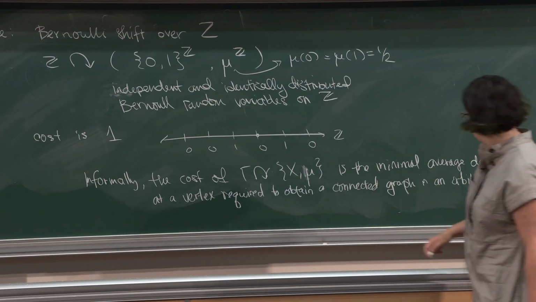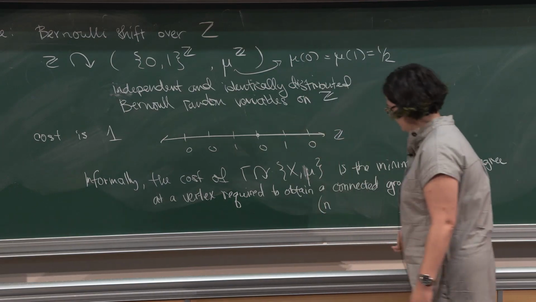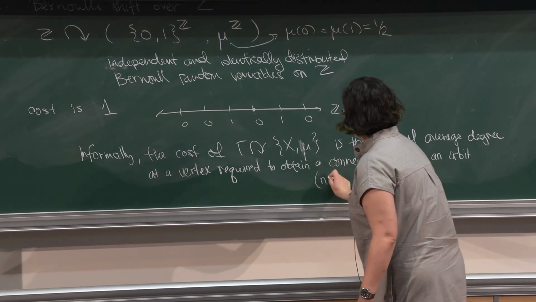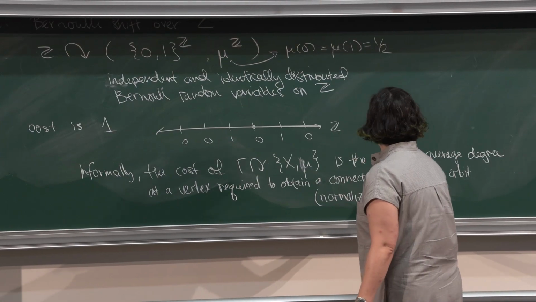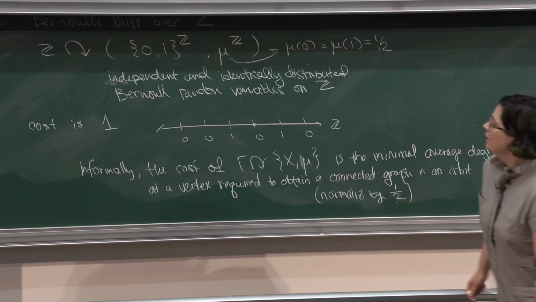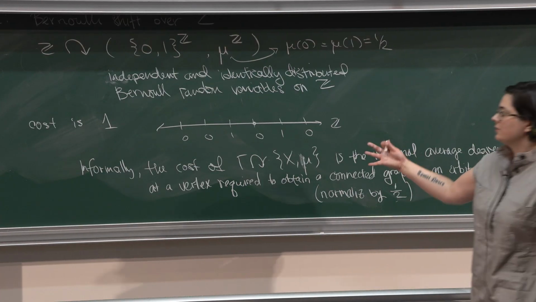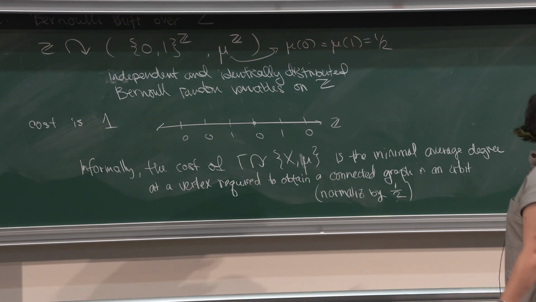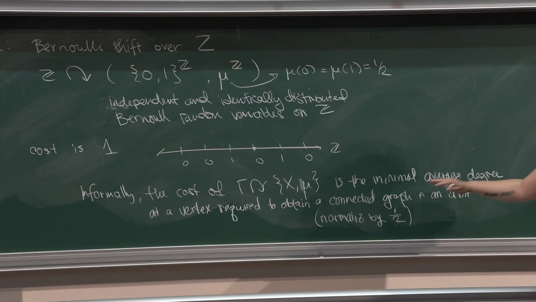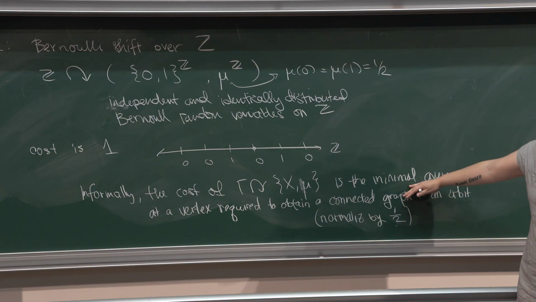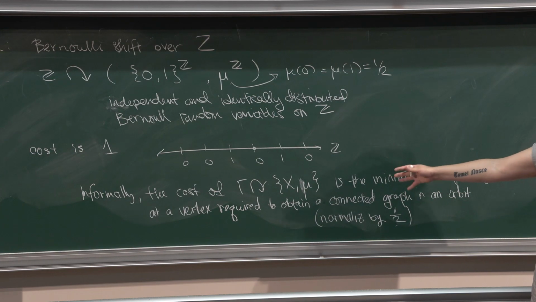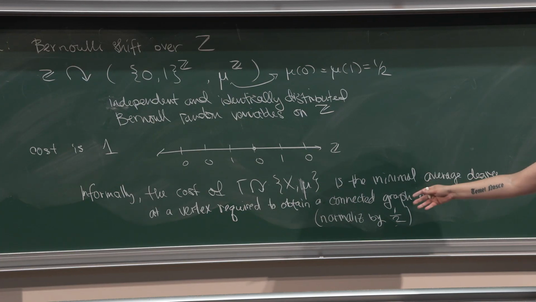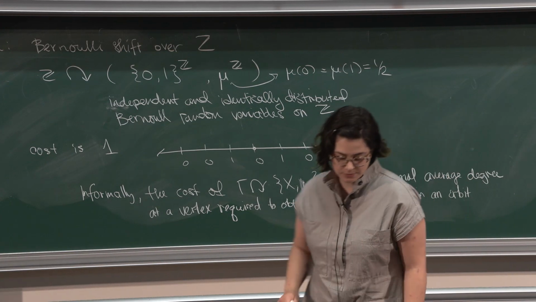And we normalize by 1/2. Okay, so Z is the easy case. You can just see from this picture, if we want to connect this orbit equivalence relation, each vertex has degree 2, so the cost is 1. And we really need this minimality here, because even in this example, we could do silly things like put loops at vertices. We don't want to consider that when we consider the cost.